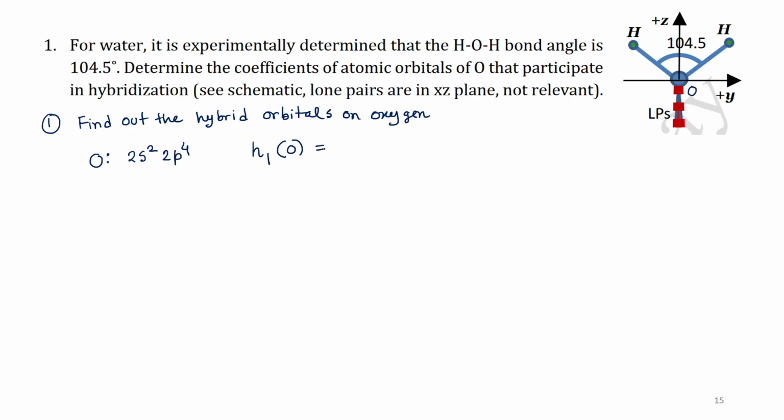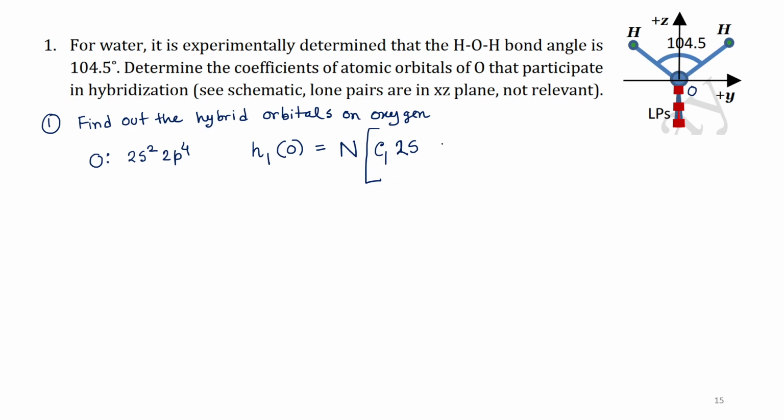Obviously it is going to have a normalization constant that will come later, but it will have some contribution from the oxygen 2s orbital. Let us write C1.